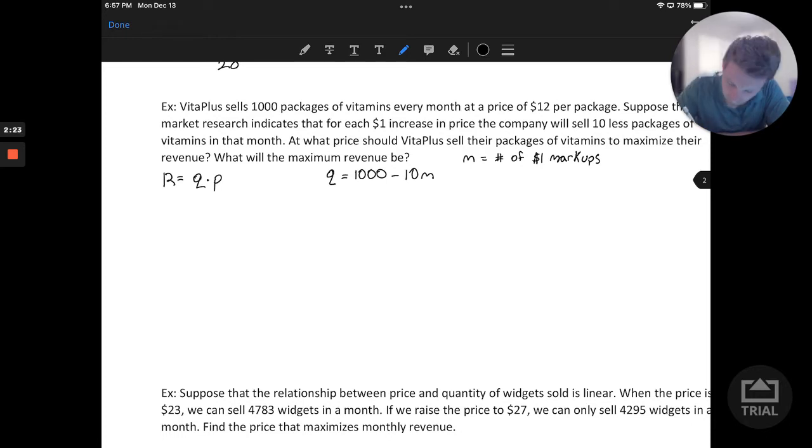The price currently is sitting at $12. So P is going to be $12, and for every markup, we're going to go up by $1. So we could say that this is going to be 12 plus the markup m.